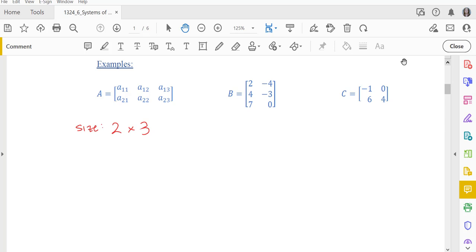Matrix B has 3 rows, so it's going to be a 3 by, and only 2 columns. So it's a 3 by 2 matrix. Looking at matrix C, there are 2 rows and 2 columns. So it's a 2 by 2 matrix, or we can say that it's a square matrix of order 2.